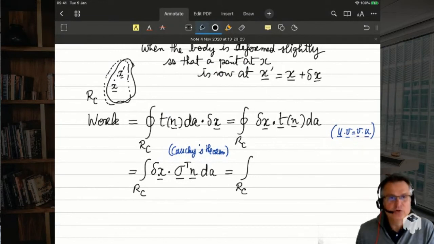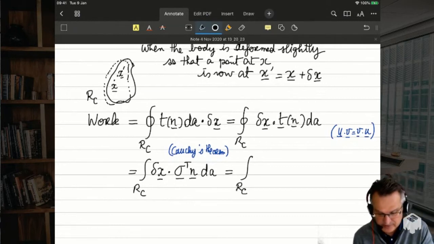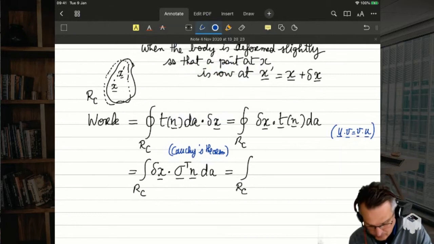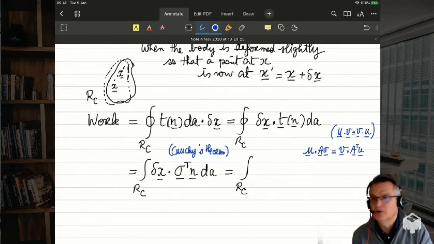Here I have the dot product of a vector with another vector, where the other vector is a tensor times a vector. So I have something like u dot Av, and I know that that's the same as v dot A transpose u.